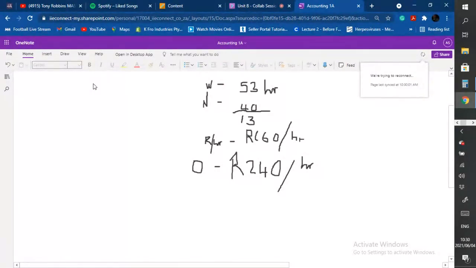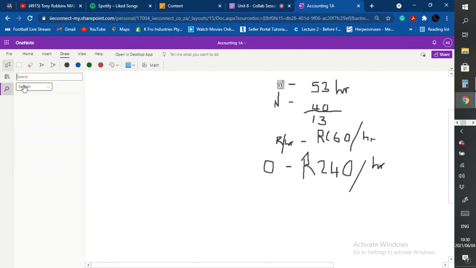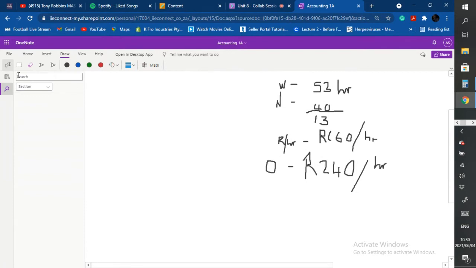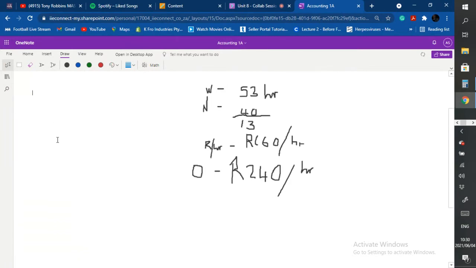Then what we want to do is say, we know that she worked 40 normal hours, so 40 times her normal hourly rate, which is 160. That gives us what?